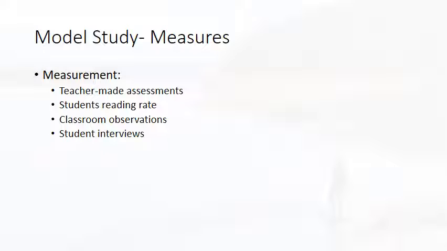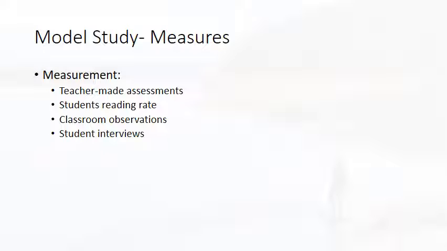When you think about it, it's such a key component, because a lot of times we try things as teachers, but we don't actually know whether they worked. In this research model, we are now going to determine whether that intervention was effective or ineffective. The way we're going to do that is by measuring different things.